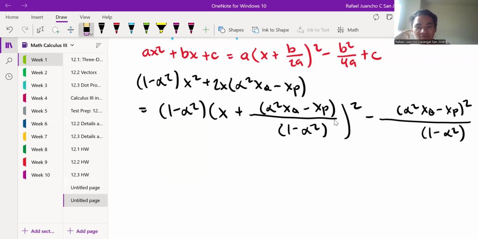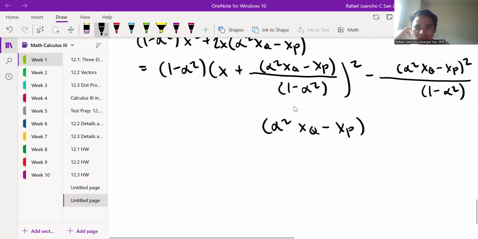Another thing we can do is this thing right here, or B, kind of, because we already put out the 2, is we can factor out a negative. So that's going to be X minus, like the one in the formula. And if we do that, this is now going to be positive, this is now going to be negative.